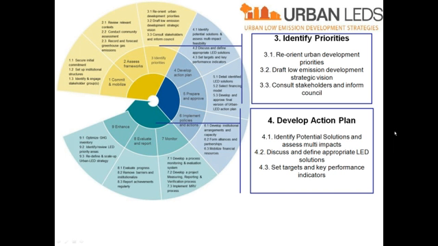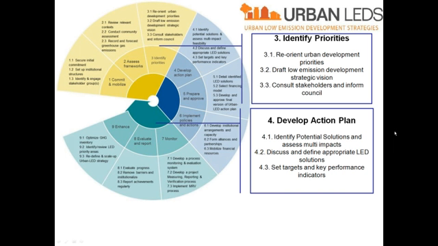So when we were talking with Marek about how we could use the tool for the Urban LEDs project, we identified two main steps on the planning cycle of the Urban LEDs project, as was developed by CLIMACT.